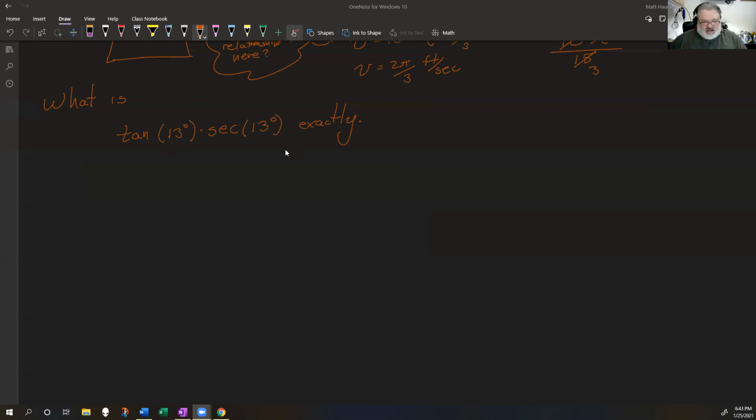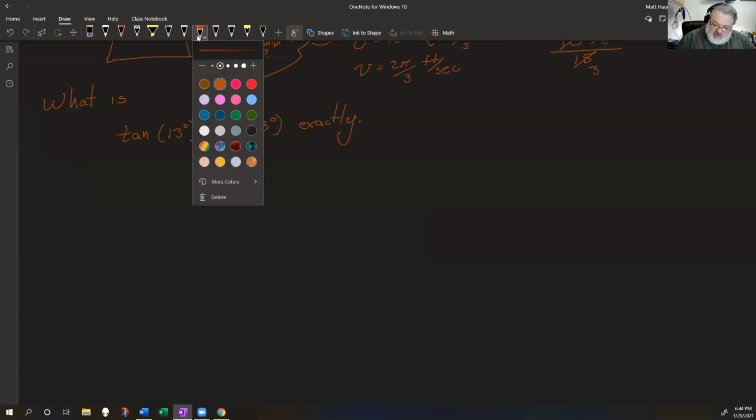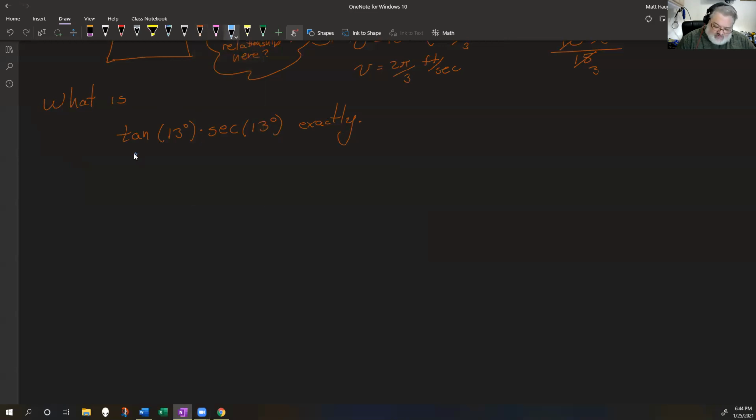It's not even a nice cut of one of our standard angles. So finding an exact value just as a number, we're not going to be able to do. But we can simplify this. So what is it exactly? It's still going to be a trig function, but can we simplify it?